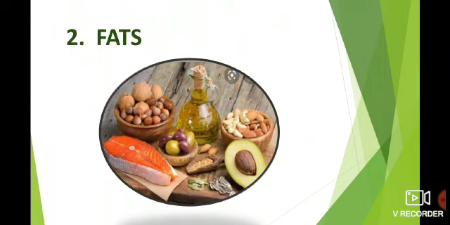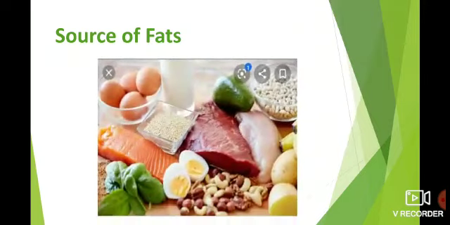During digestion it breaks down into simple food substances such as lipids and cholesterol. The sources of fats: some important sources are butter, ghee, milk, cheese, paneer, nuts, meat, fish, egg yolk, etc. So these are the rich sources of fat.